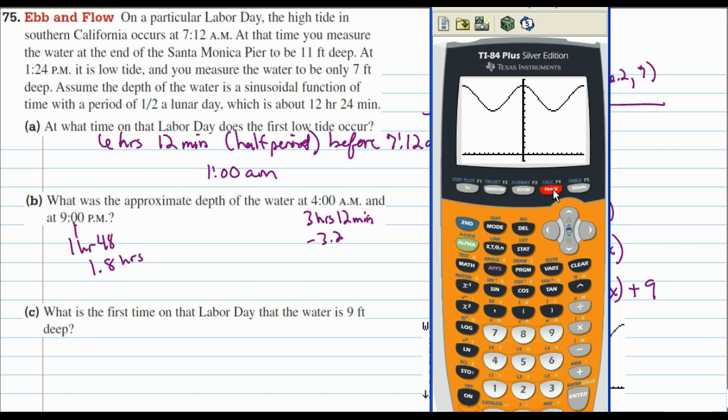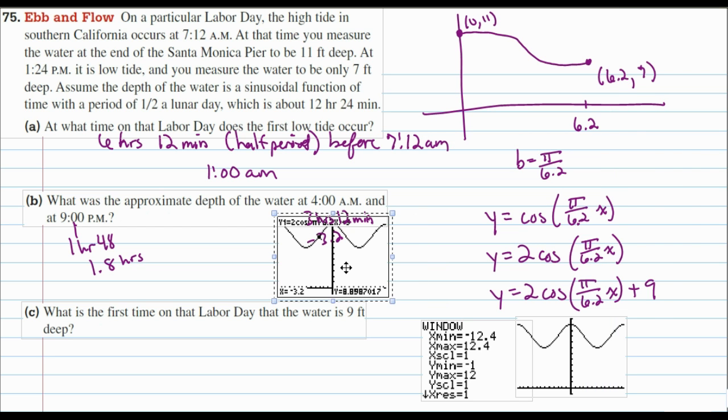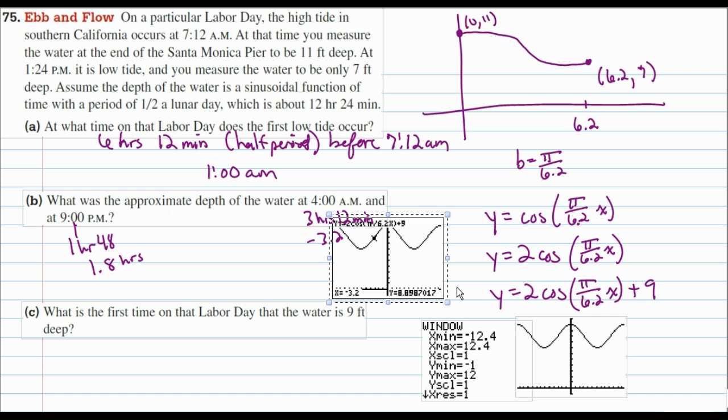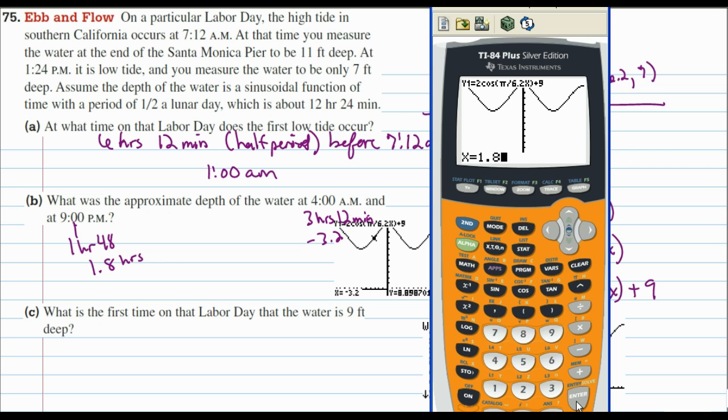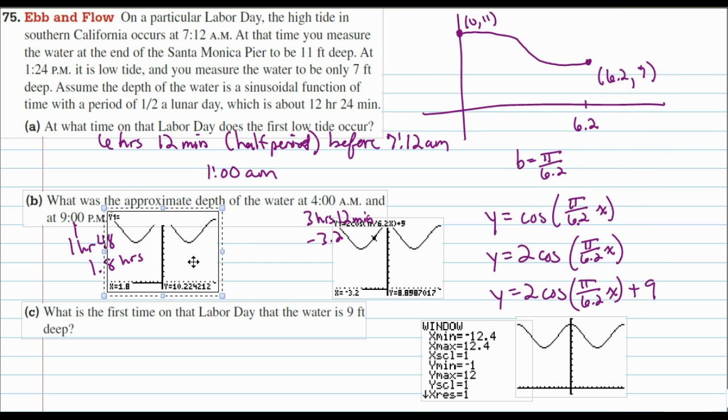So I'm going to hit trace, and I'm going to find out what's going to happen at negative 3.2 hours. There we've got a height of 8.9 feet. And then at 1.8 hours, we've got a height of 10.22 feet.